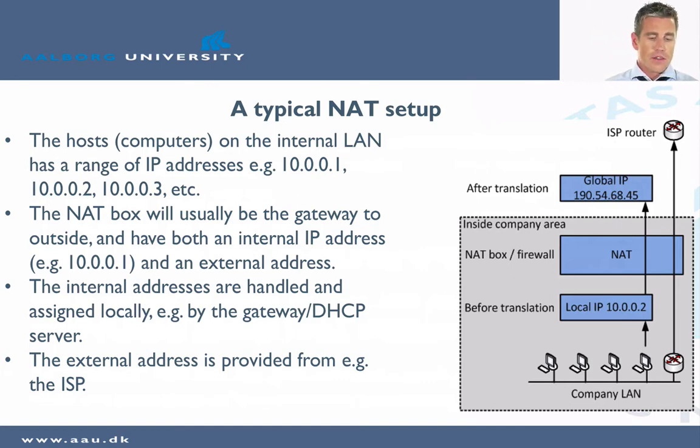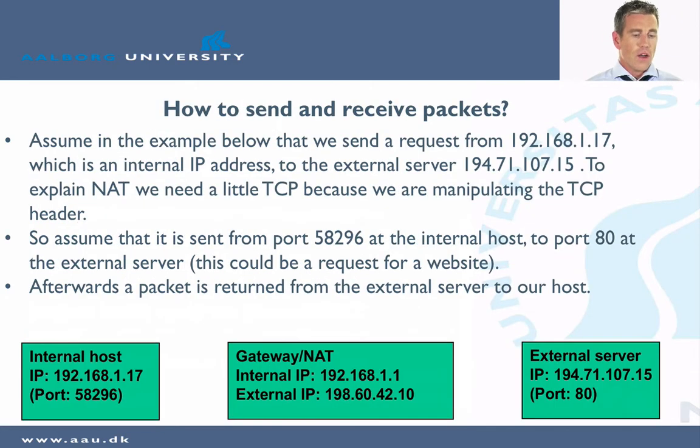Assume, and there is an example below, that we are sending a request from the IP address 192.168.1.17, so that's an internal IP address. And we are sending a request to an external server, where we have the address 194.71.107.15. To understand what is going on, we need a little TCP because we're actually manipulating the TCP header here.